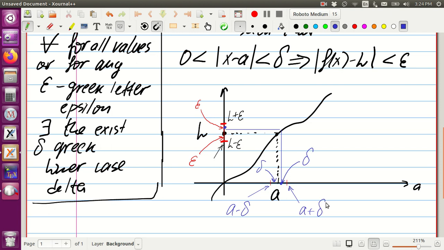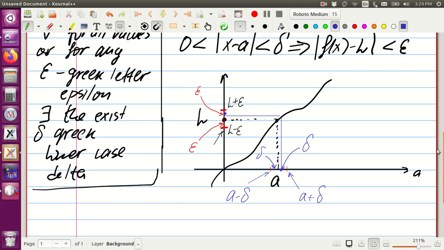So you give me epsilon, I have to provide you delta such that no matter which point you choose within this interval near L, it would fall, by using the function, into this delta interval near a.